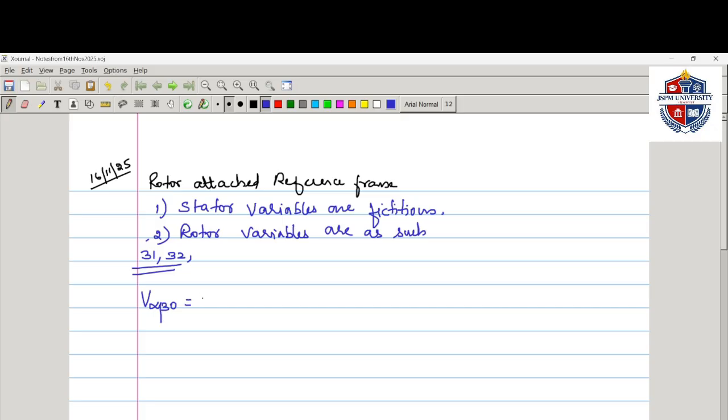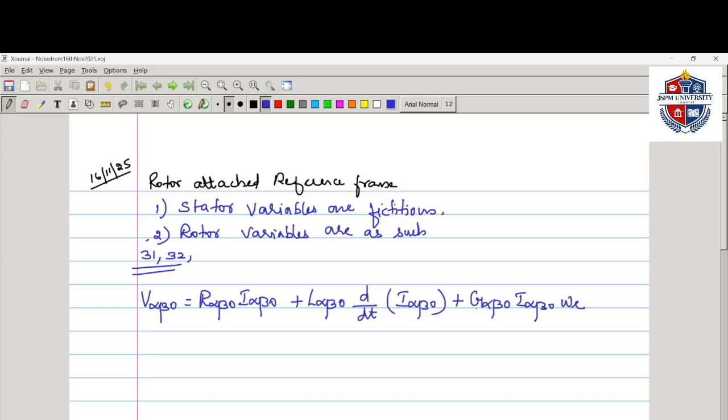That is nothing but R alpha beta naught into I alpha beta naught, plus L alpha beta naught into d by dt of I alpha beta naught, plus G alpha beta naught into I alpha beta naught into omega r.